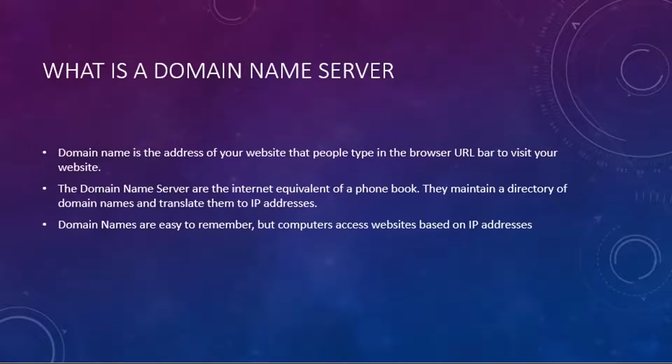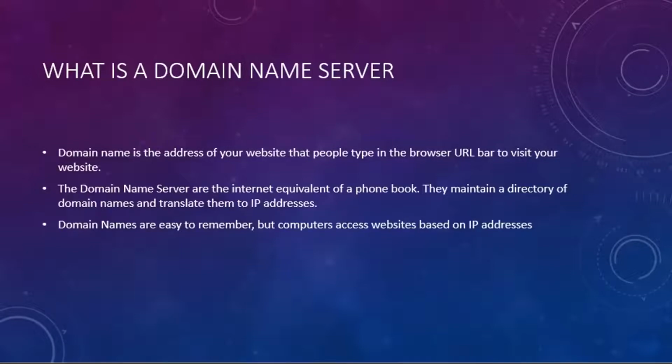In your phone book you write different phone numbers of different people, and each phone number refers to one of your contacts. So the domain name is just like the phone numbers that direct you to a particular person. If you look at this definition here, I said domain name is the address of your website that people type in the browser URL bar to visit your website. That is what the domain name is.